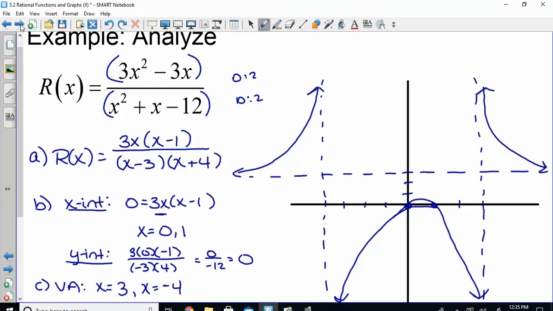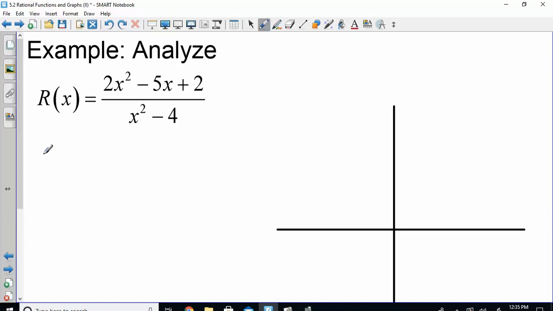Let's look at one more. So first step is factoring. What do you have to do to factor the top? Box. Can we do the shortcut?